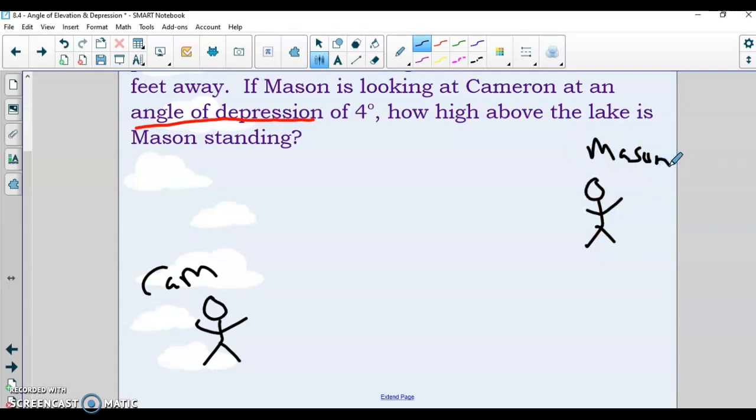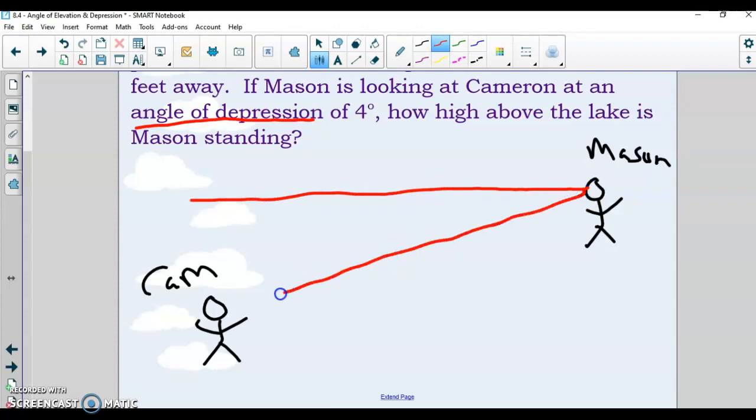If I'm drawing an angle of depression from Mason down to Cameron, I have to make sure I'm starting with the horizontal line straight across, and then measuring down from there towards Cameron. That angle of depression we were told equals 4 degrees.